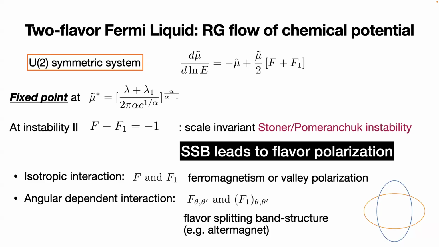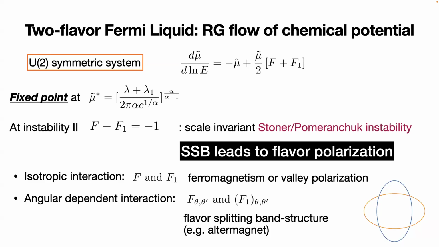So that means at instability 2, we can have a scale invariant transition. That's the transition that leads to the flavor polarization. So we have a chance to find some scaling behavior at the transition from the Fermi liquid to, say, valley polarization or the automagnet.